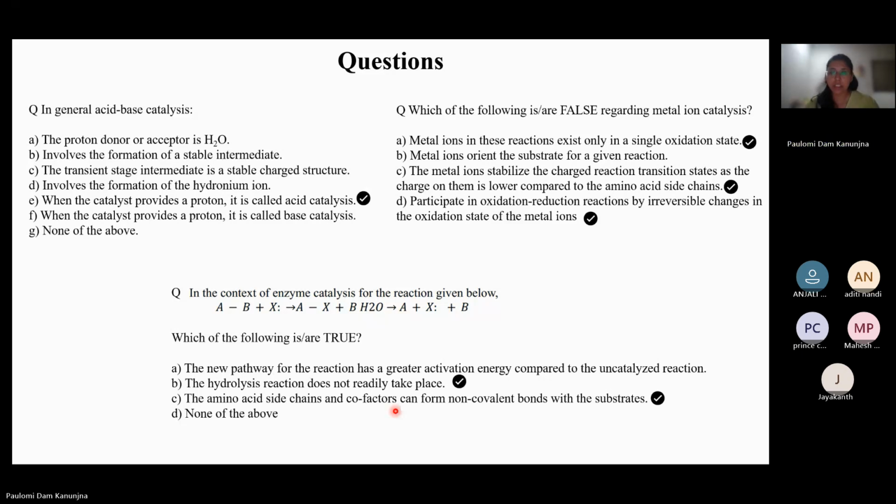Okay, let me explain to you. The first one says general acid-base catalysis. So the first one says the proton donor or acceptor is H2O. Let me see first whether people did answer it or not.